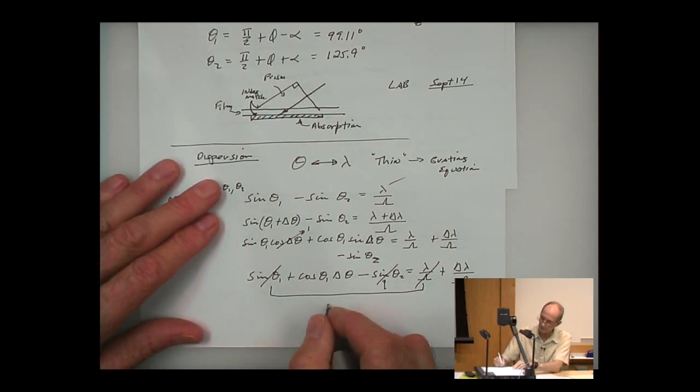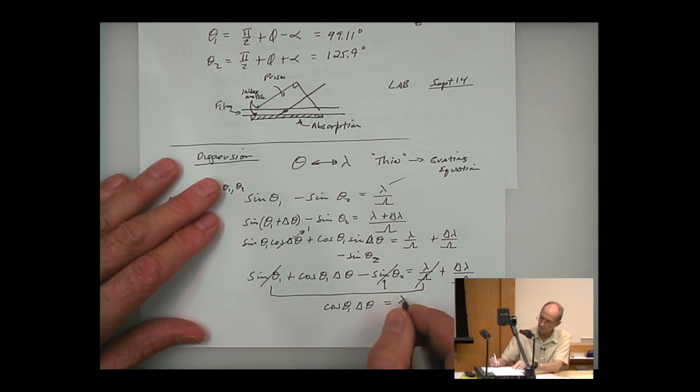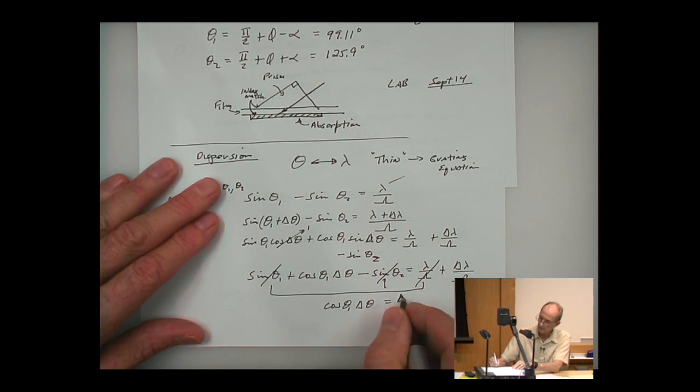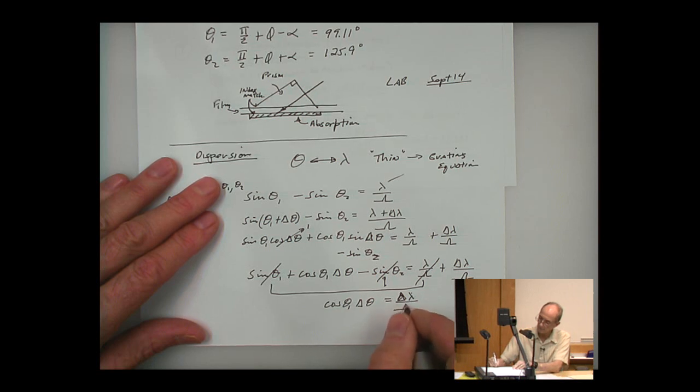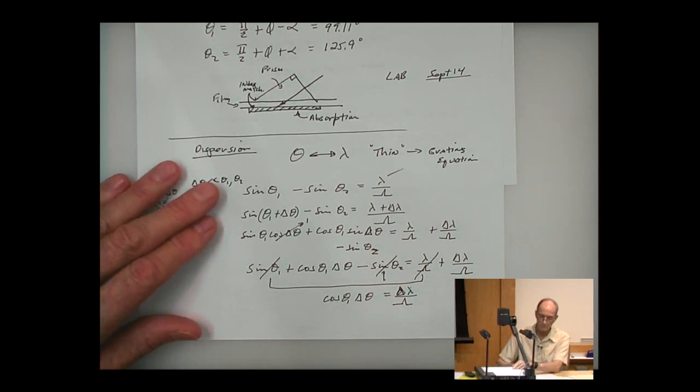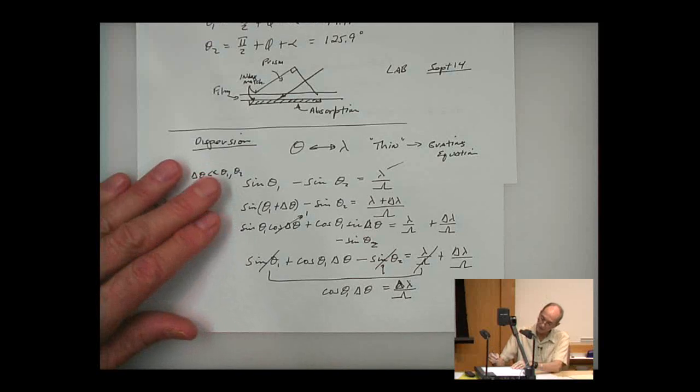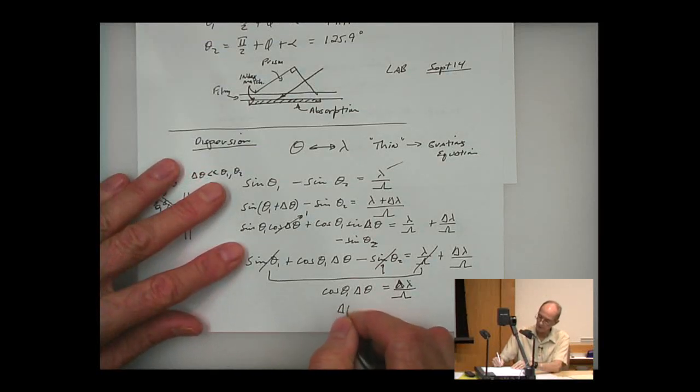So we have cosine theta 1 delta theta is equal to delta lambda over the period, and the dispersion relationship is the change in the angle with some change in the wavelength.